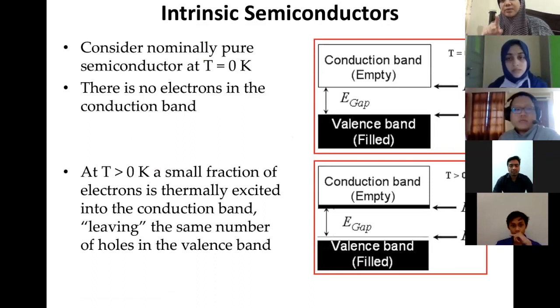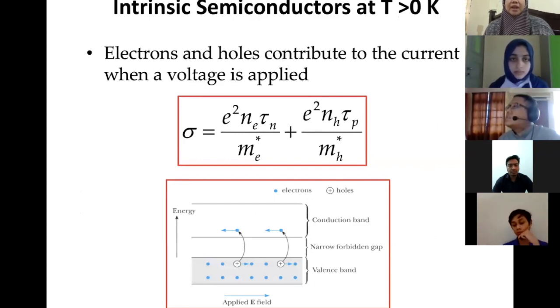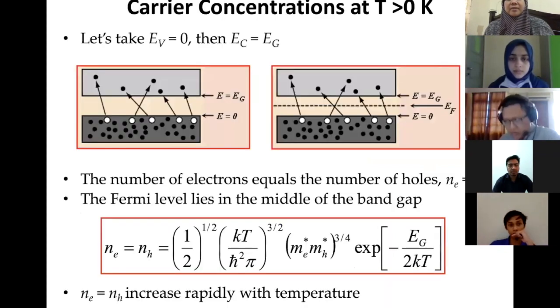It's due to the electron being excited from the valence band to the conduction band, and vice versa for the holes from the conduction to the valence. Okay, at 0 Kelvin, you shouldn't have any current because there's no electron that can go to the conduction band. There's no energy.